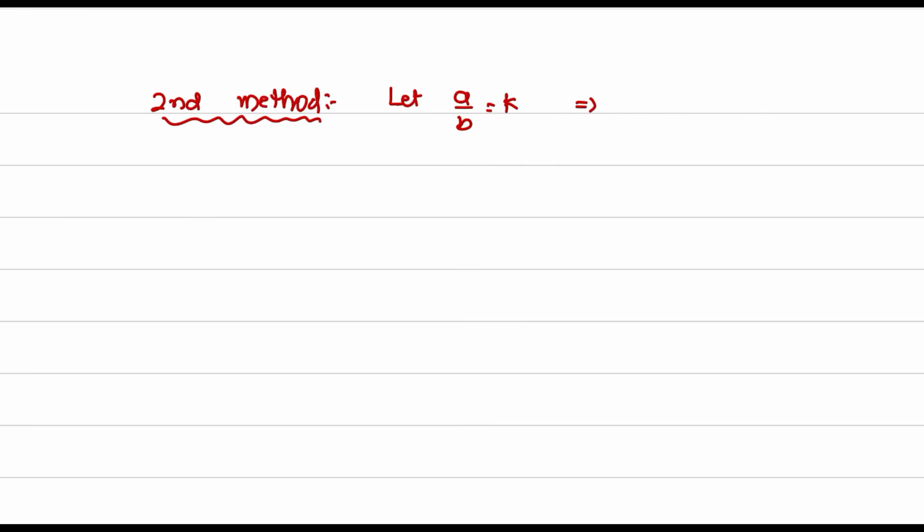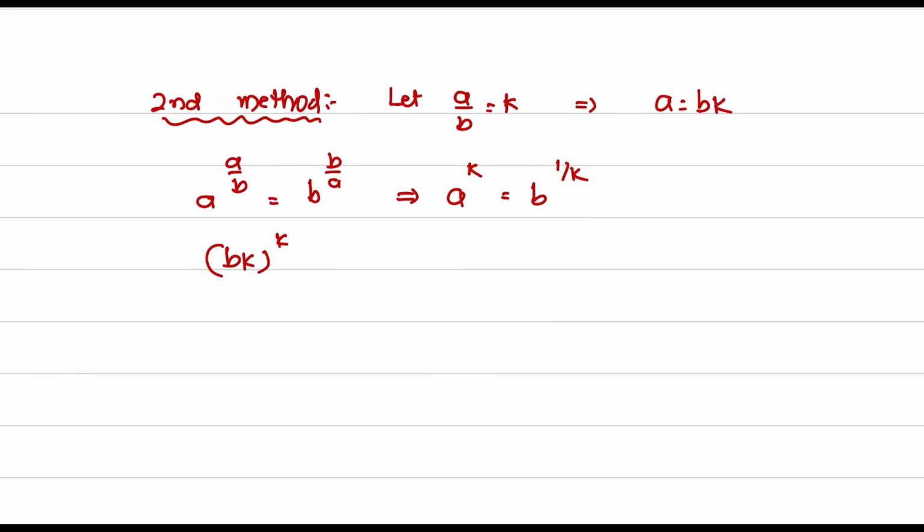Then a to the power of a by b is equal to b to the power of b by a, which implies a to the power of k is equal to b to the power of 1 by k, which implies a is equal to bk. Then you can take it as bk to the power of k is equal to b to the power of 1 by k.